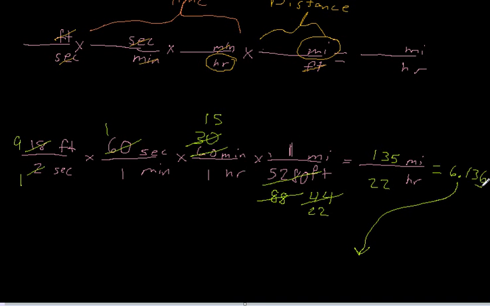So I want you to round to the nearest hundredth here. I have 0.136. Well, I'm going to round that 6 up to the 3, and what I end up with is 6.14 miles per hour. And that's my answer.